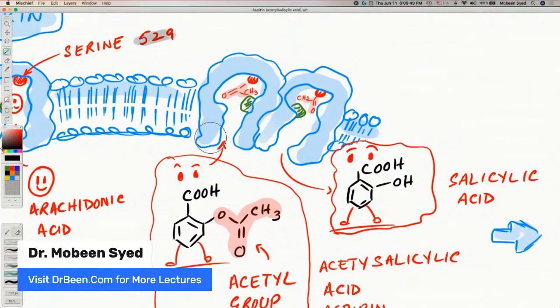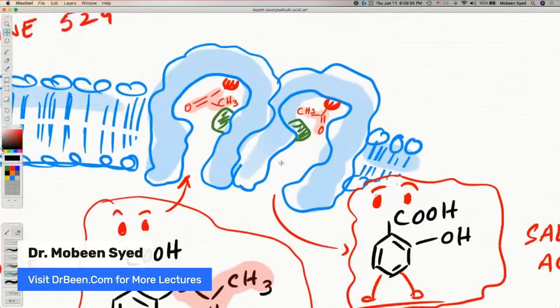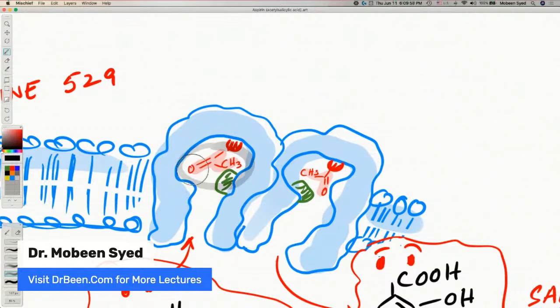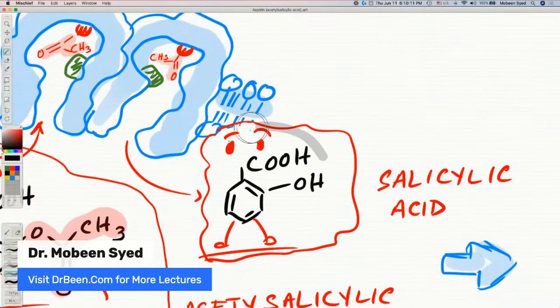So if I zoom in here, do you see this part? This is the acetyl part of the acetyl salicylic acid. So imagine that acetyl salicylic acid comes in, leaves the acetyl part in there, and the remaining salicylic acid comes out. It has left the acetyl part in there.